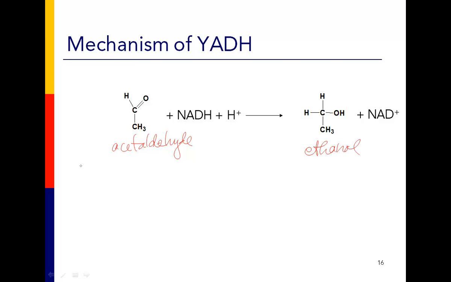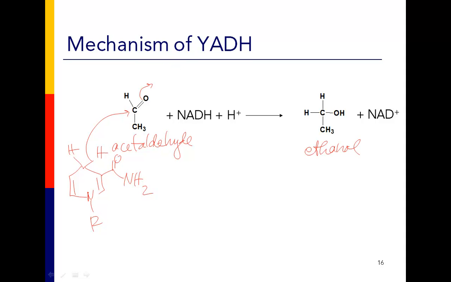If we have our NADH, once you know one dehydrogenase mechanism, you know them all. It's going to take me more time to draw the NADH than to do the mechanism. It's going to be a hydride transfer, so a hydride transfer there. We're going to open that up.